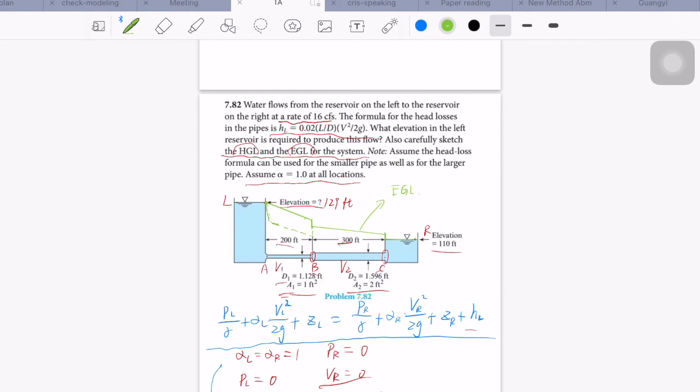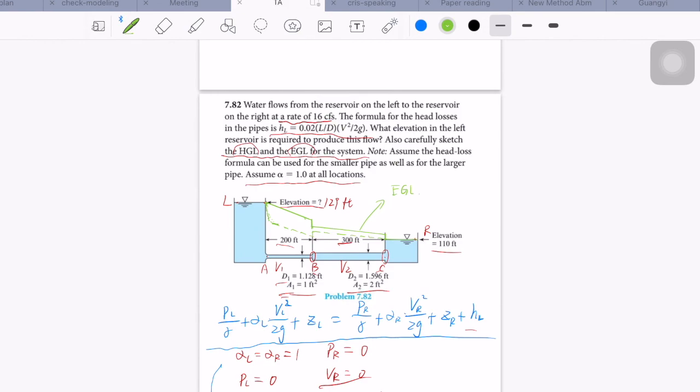And then the HGL will decrease to the water surface.